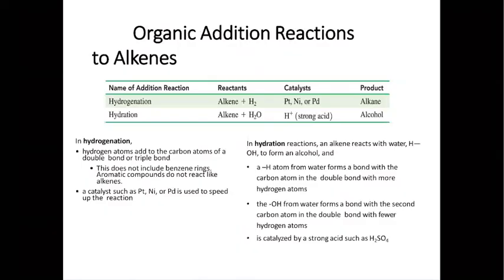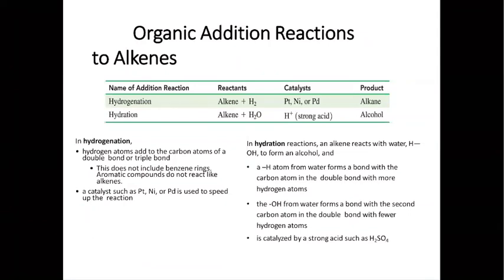Great. So the last topic that we have when it comes to organic reactions is going to be two different types of organic reactions that specifically utilize unsaturated hydrocarbons as a reactant in the reaction.